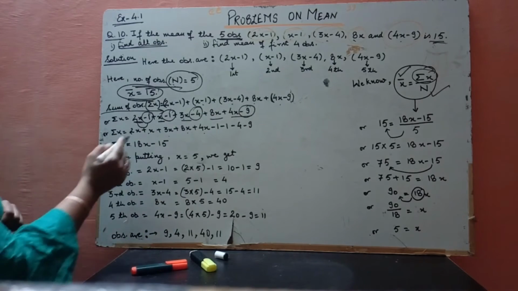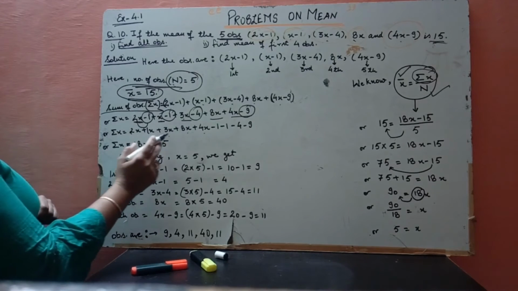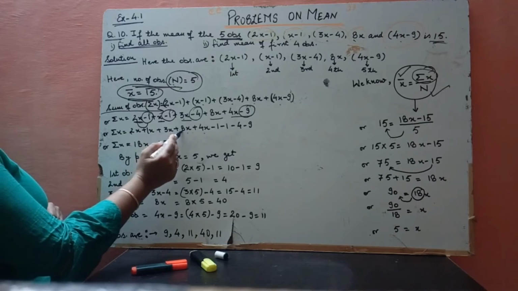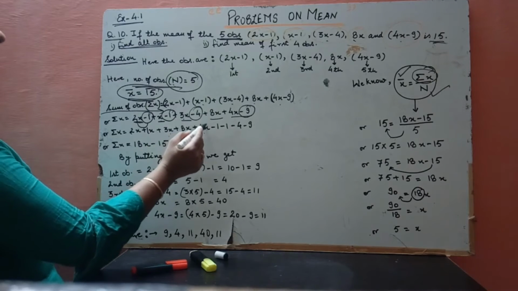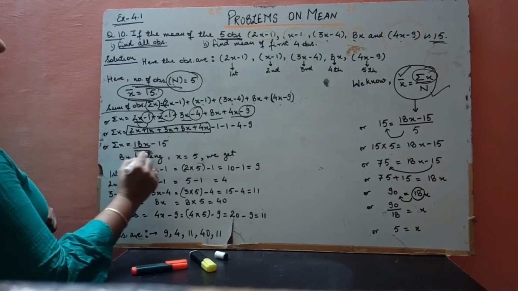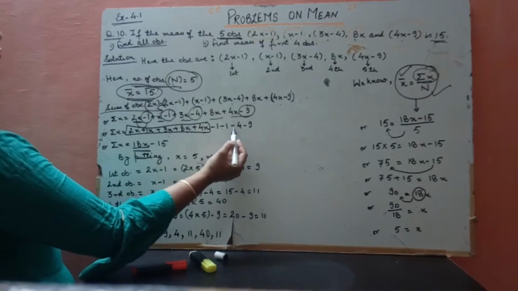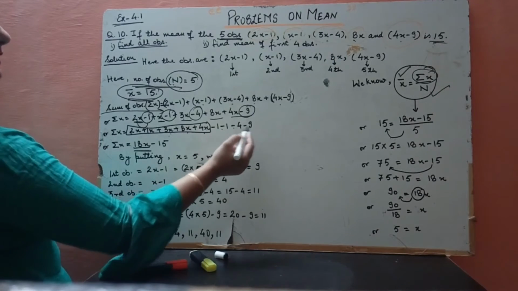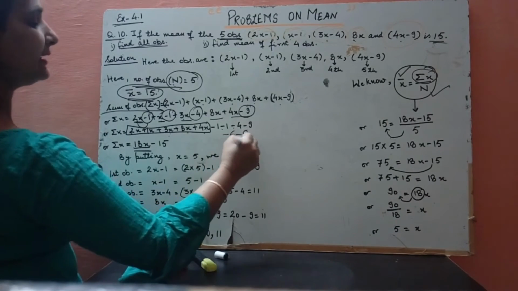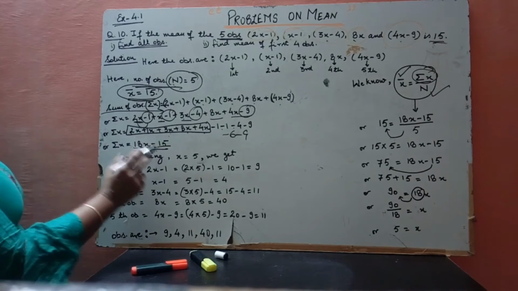From here we are getting 2x plus 1x is 3x, plus 3x is 6x, plus 8x is 14x, plus 4x is 18x. All these are giving us 18x. After that minus 1 minus 1 is minus 2, minus 2 minus 4 is minus 6, and minus 6 minus 9 is minus 15. So the sum of observations is 18x minus 15.